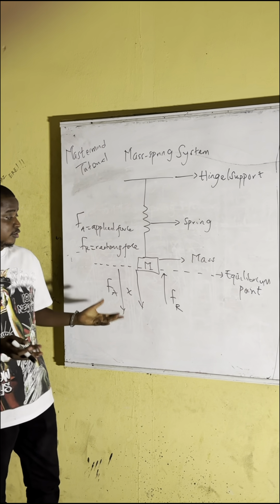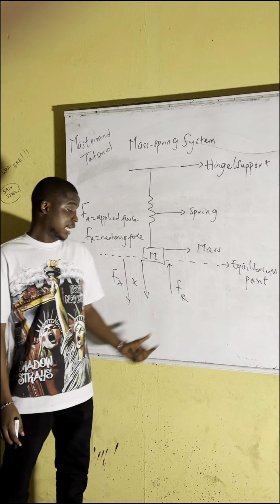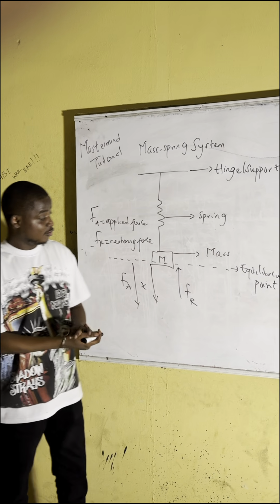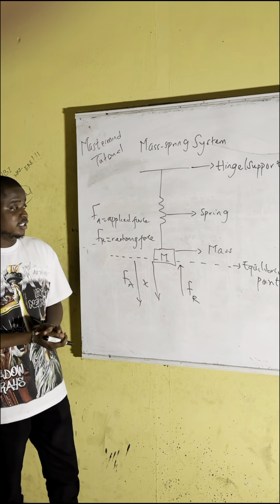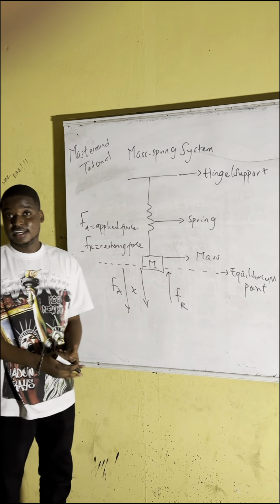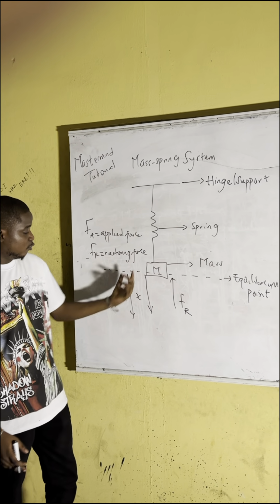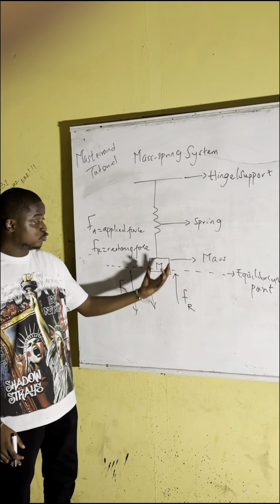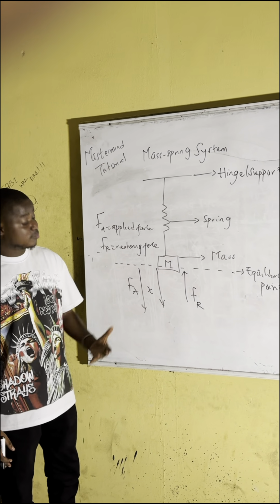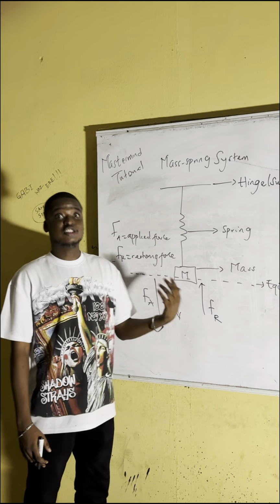Now, there's a law that describes the relationship between this restoring force and this distorting distance. That law is Hooke's law, which is commonly stated as: provided the elastic limit of the spring is not exceeded, the distorting force, which is called the applied force, the force that pulls the mass away from the equilibrium position, is directly proportional to the displacement, or what we call extension.